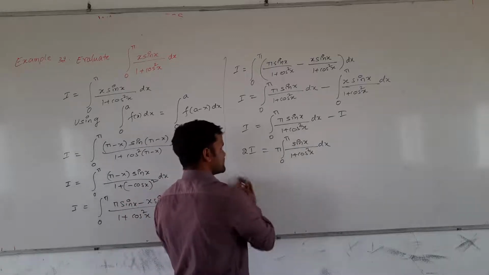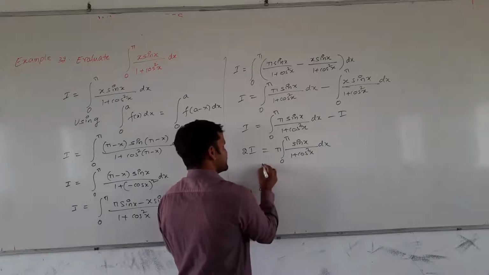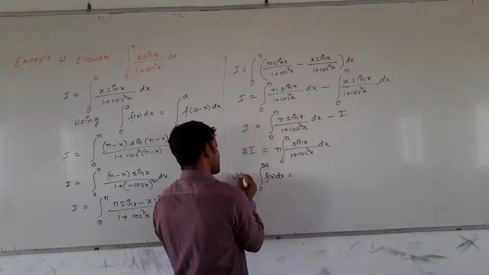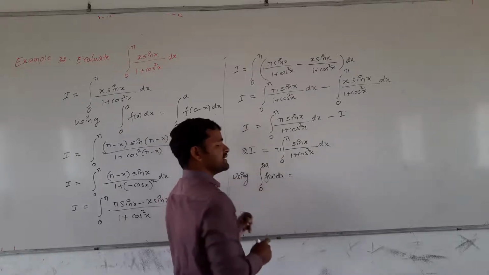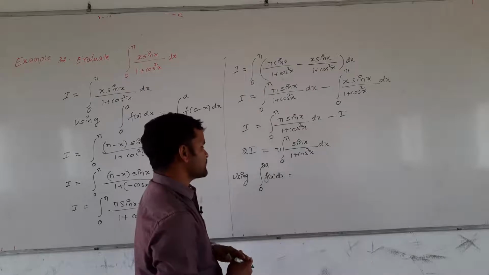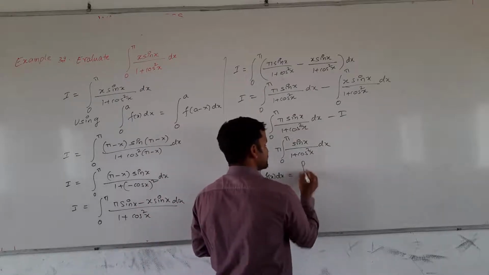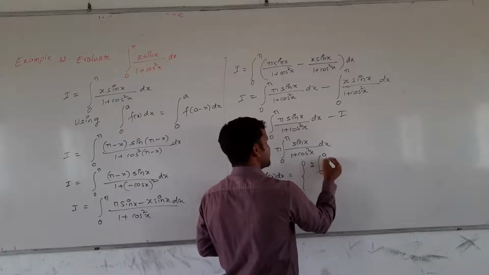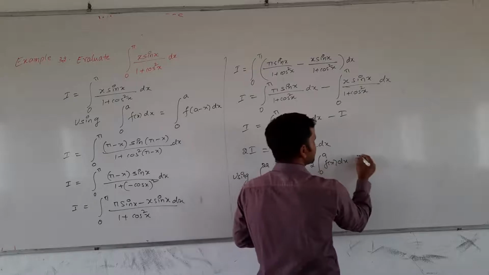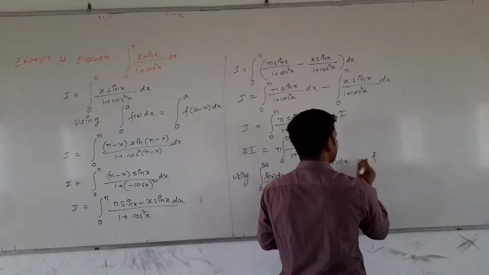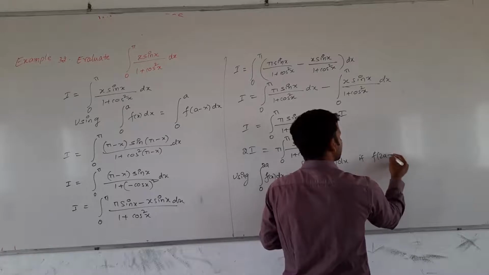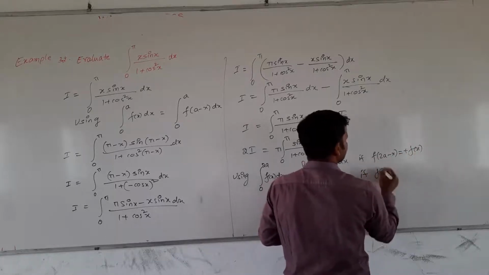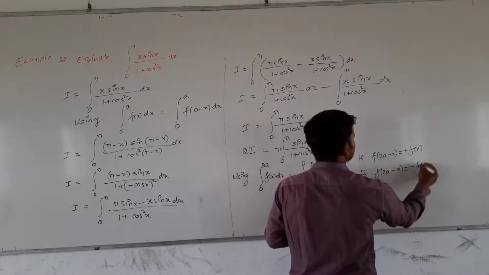Property P6 says integrating from 0 to 2a f of x into dx is equal to, here it takes two cases: 2 times integrating from 0 to a f of x into dx if f of 2a minus x is equal to plus f of x. This is 0 if f of 2a minus x is equal to minus f of x.